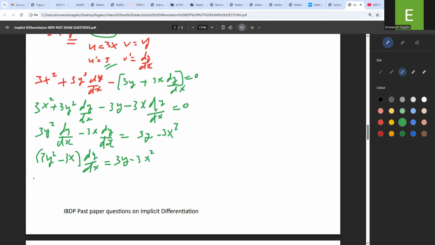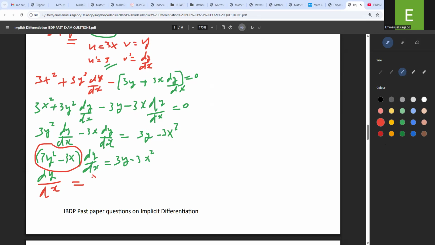Now, for dy over dx, I need to divide both sides by that bracket, because I'm making dy over dx the subject. So what do I get?